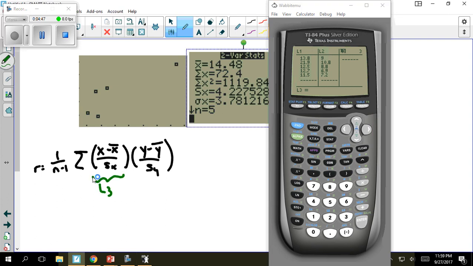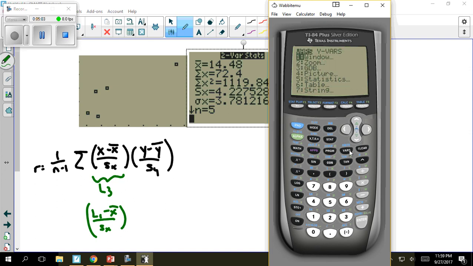Now what I want to do in my L3 is to put this information here. And so the way that'll look is it'll be L1 minus x bar over s of x. That's what's going to be in L3. So again, in L3, it's L1 minus x bar, which is Vars, Statistics, number 2, and then the s of x is Vars, Statistics, number 3.